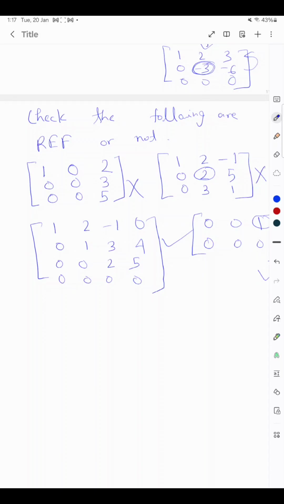So this is your REF. Rank of the following matrix. Here you have just two examples.